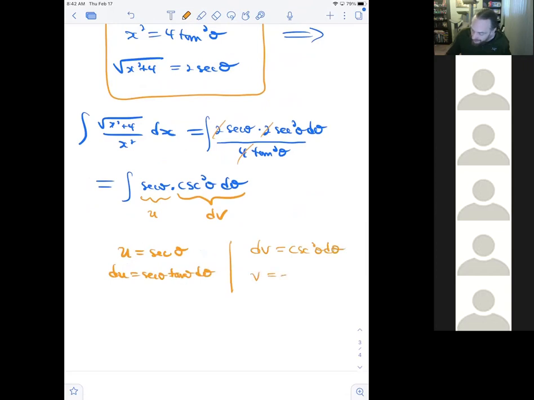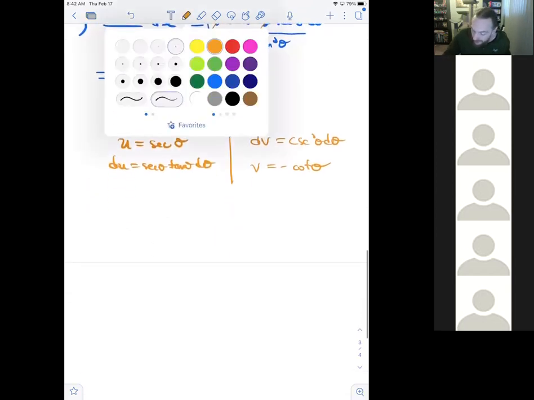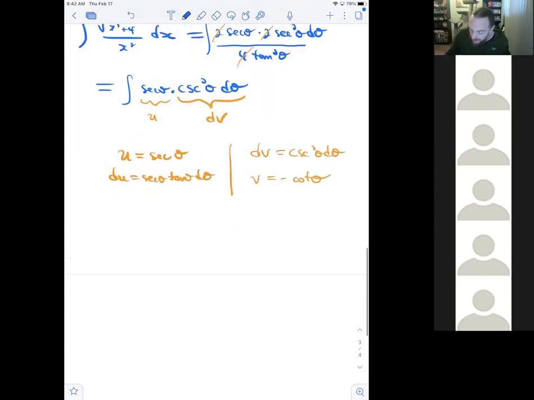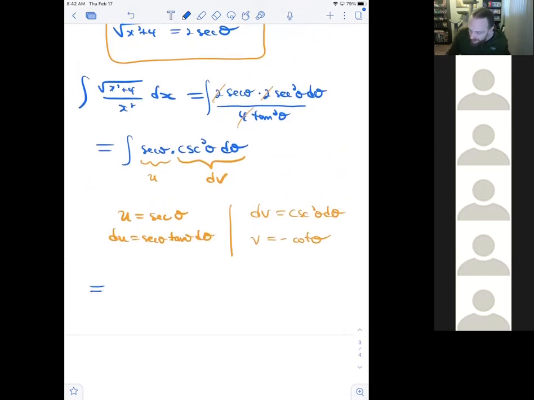So v is equal to negative cotan theta. Therefore, by integration by parts, this integral now becomes equal to u times v, negative secant theta cotan theta, minus minus, so plus the integral of cotan theta secant theta tan theta d theta, v du.